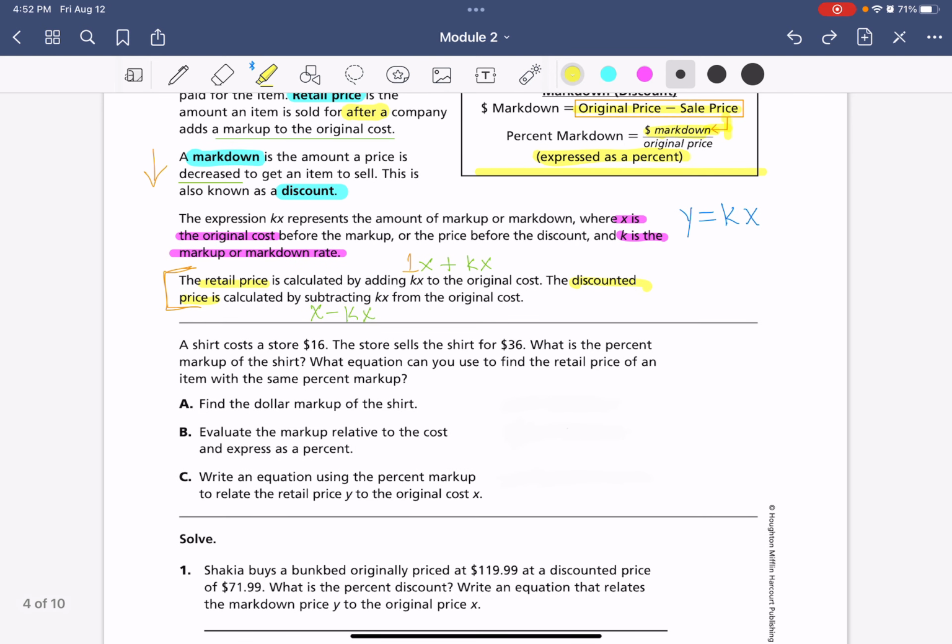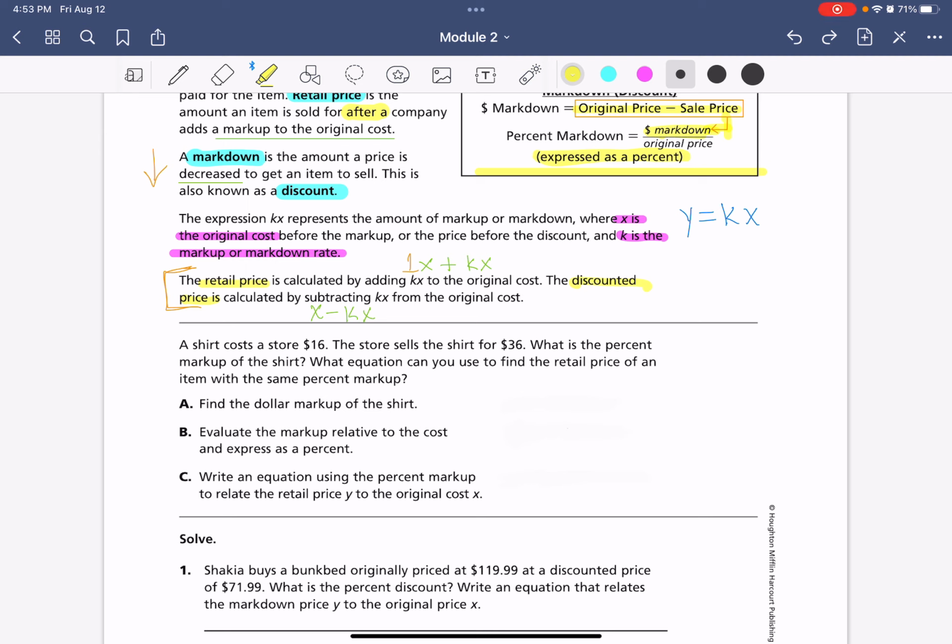So here we have a shirt, and it costs the store $16 to buy it. The store is buying it from a manufacturer. The store sells that shirt for $36 to a customer. We want to know what is the percent markup of the shirt, and then what equation can we use to find the retail price of a different item with the same percent markup.